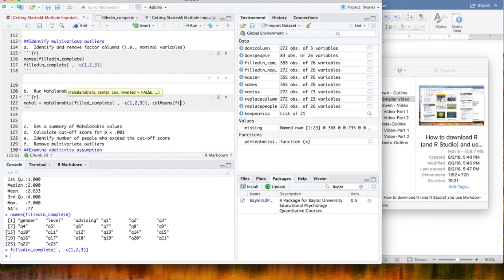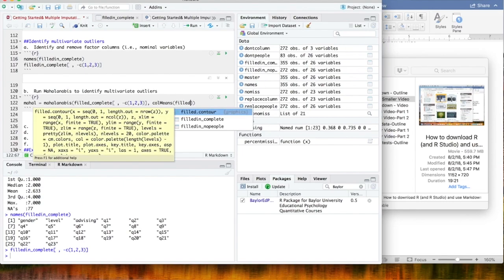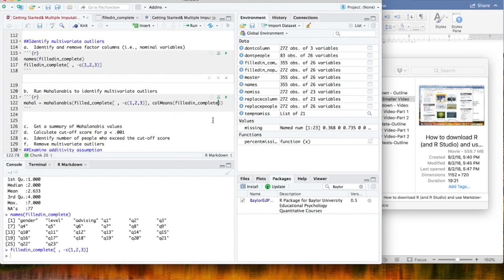For this one, just as before, we want the same data set without the 3 columns, and na.rm equals TRUE. That means we're removing all of the missing data from this calculation.